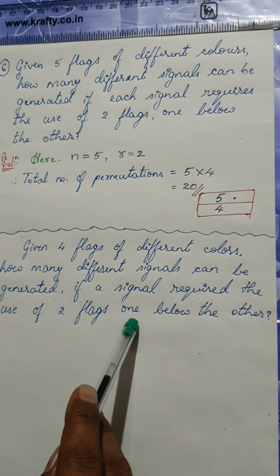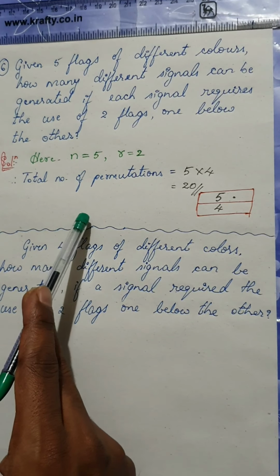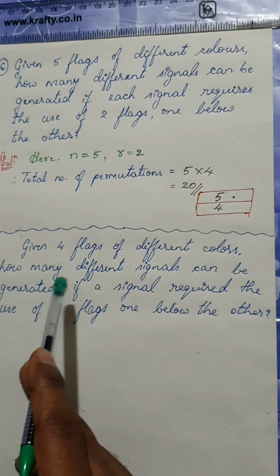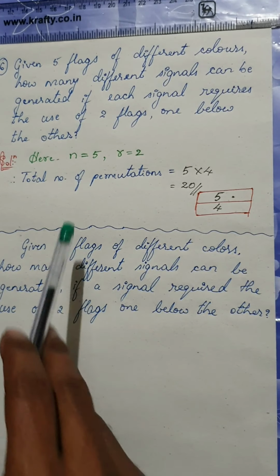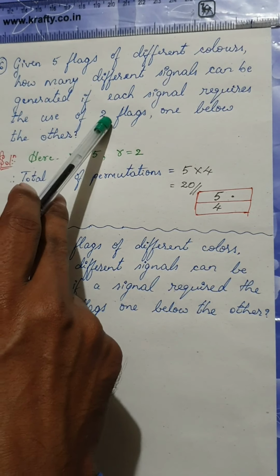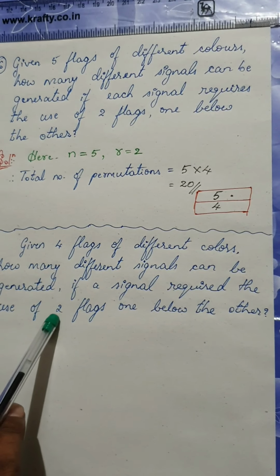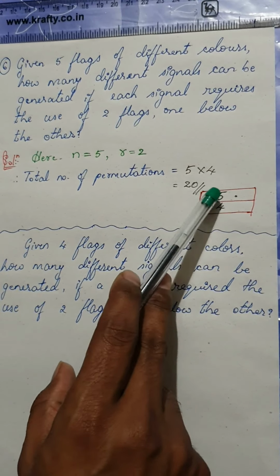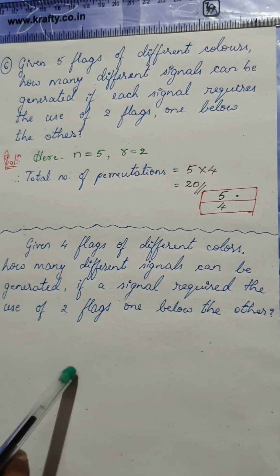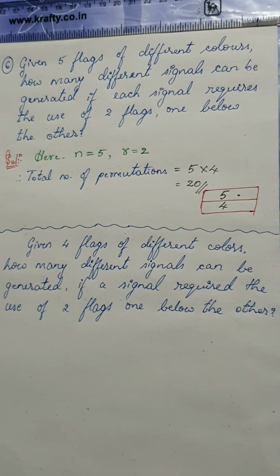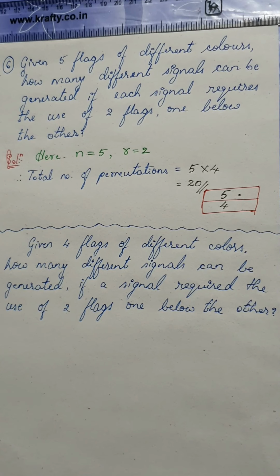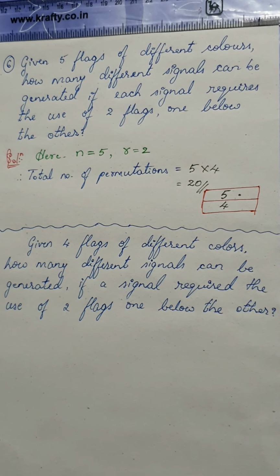Actually, this is a worked example in a textbook, very similar to the previous one. You can tell it in a simple way. Here 5 flags were given and 2 were required, so you took 5 into 4. Here only 4 different colors are given, so that will be nothing but 4 into 3. I'll give you this as homework. I've given you the hint for the answer. You can work it out by yourself.